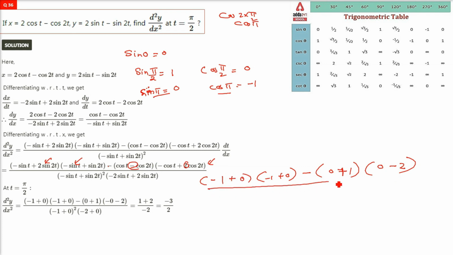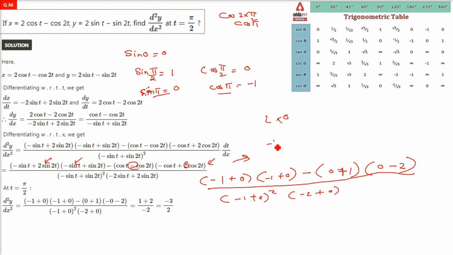In the denominator again, just put all the values. You already computed all the values just now, so it will be minus sin t, so it is going to be minus 1, because sin pi by 2 is 1, and since we have sin 2t as 0, then we have minus 2 sin t, or sin pi by 2 is 1, so it will be minus 2 into 1, that is minus 2, plus 2 sin 2t, sin pi is 0, so just place 0 here. Now it is just simple computation.